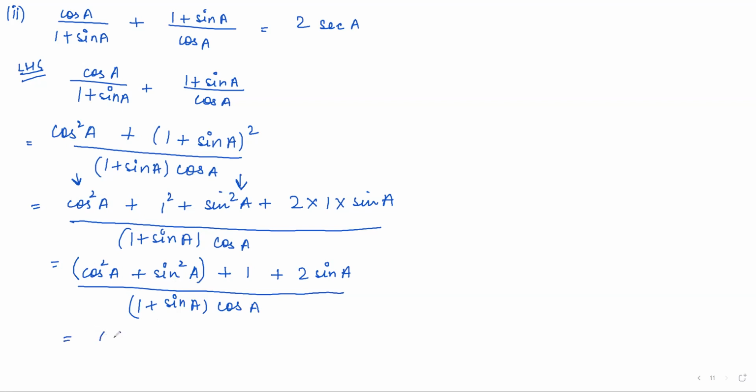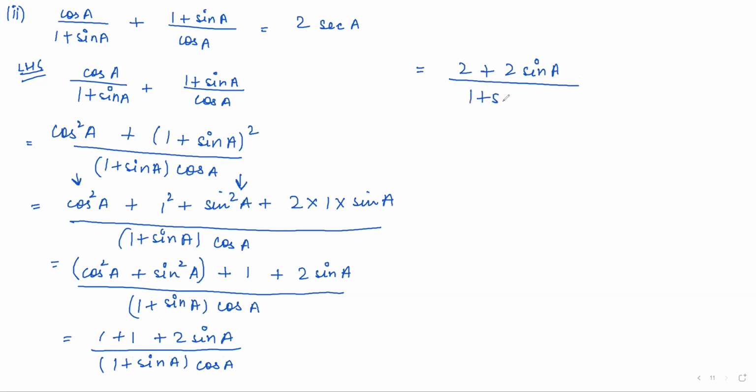So I have 1 plus 1 plus 2 sin A divided by 1 plus sin A into cos A, right? So this becomes 2 plus 2 sin A divided by 1 plus sin A into cos A, right?